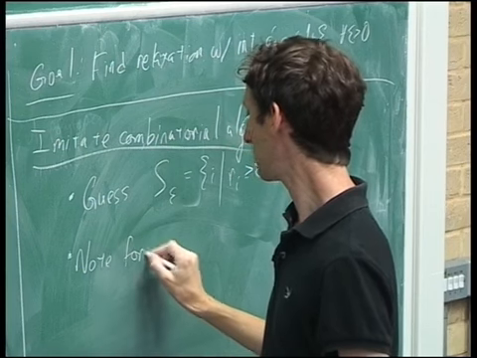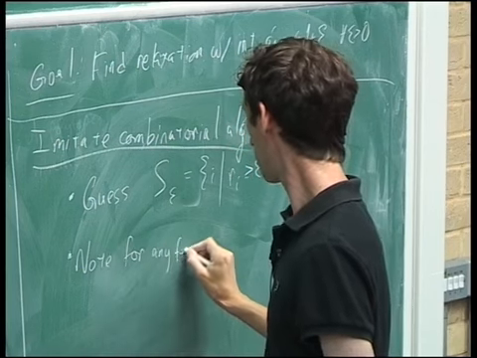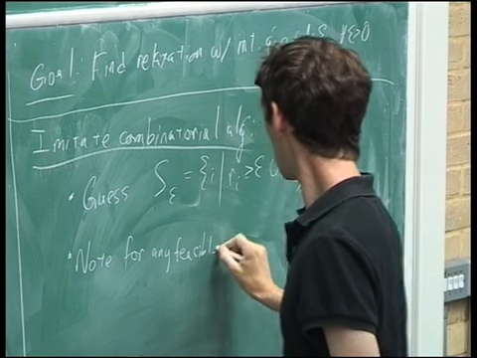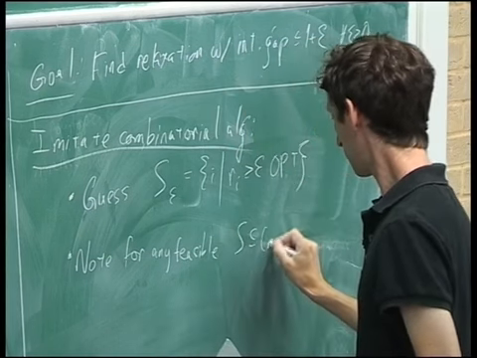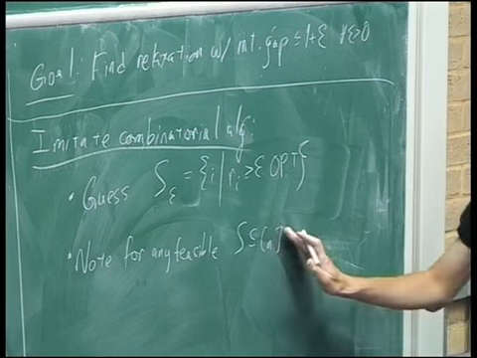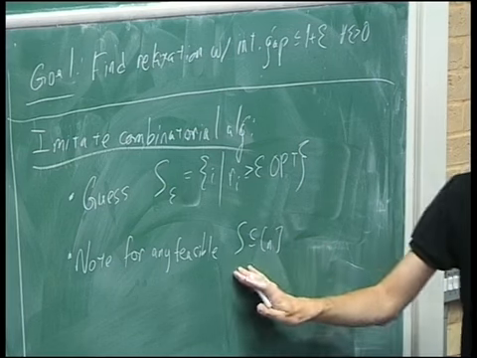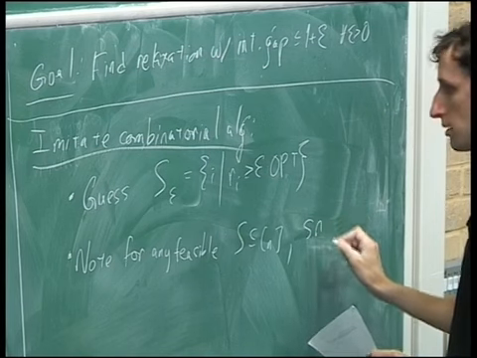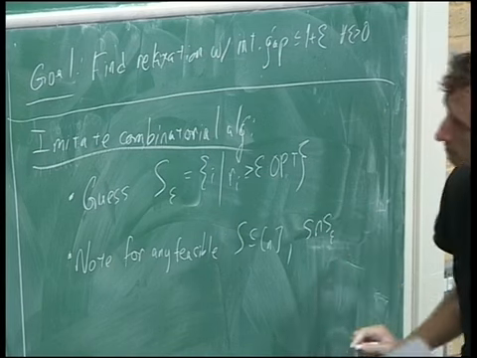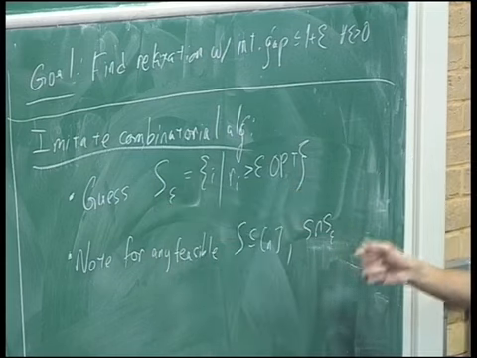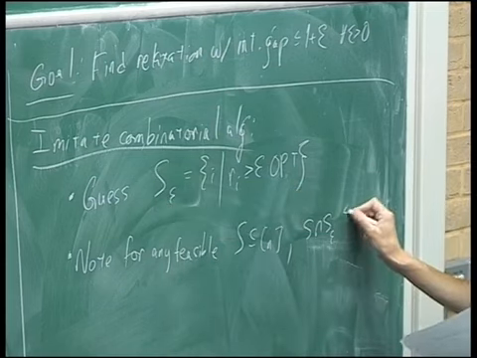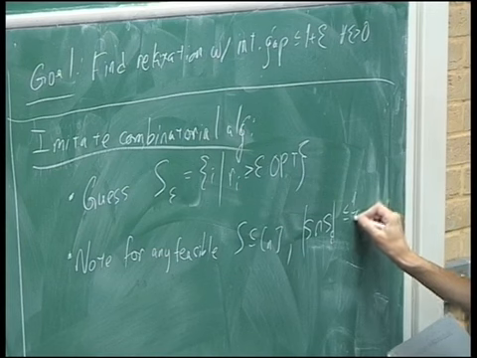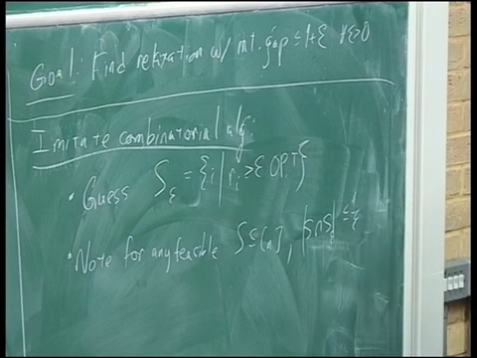And then note that for any feasible set, which is a solution to the original problem, its intersection with this set, the number of items it has in this set, is at most 1 over epsilon.